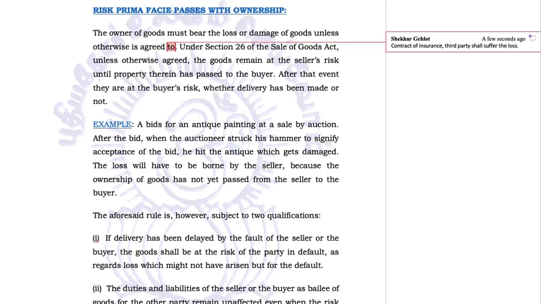If there is a contract which says that a third party, that is an insuring party, shall suffer the loss, then that party will. Otherwise, generally, the owner will suffer the loss.